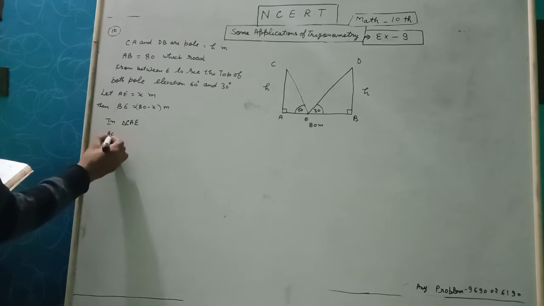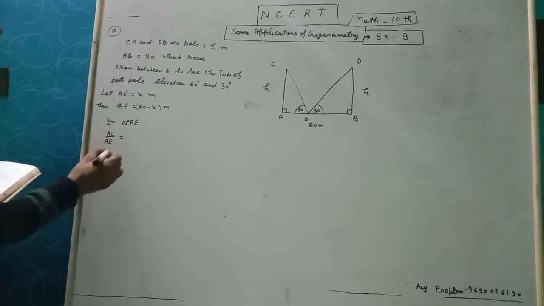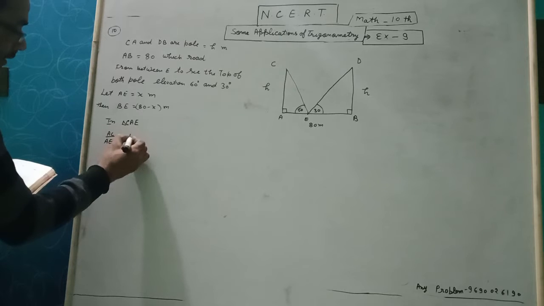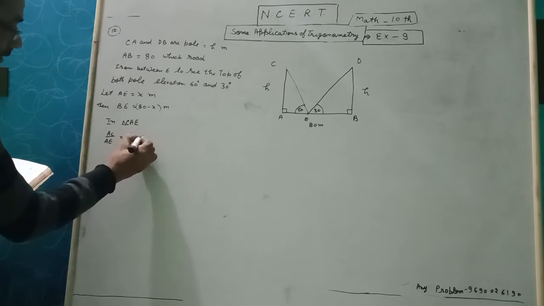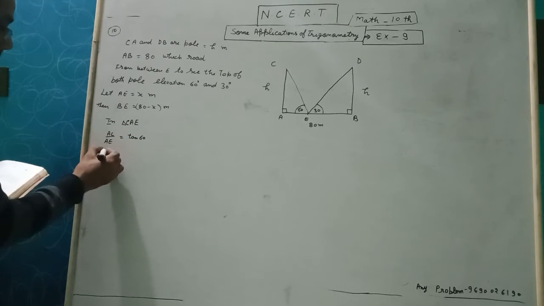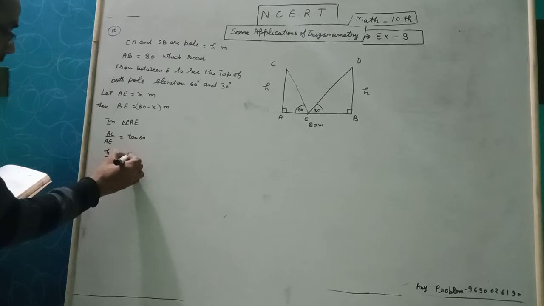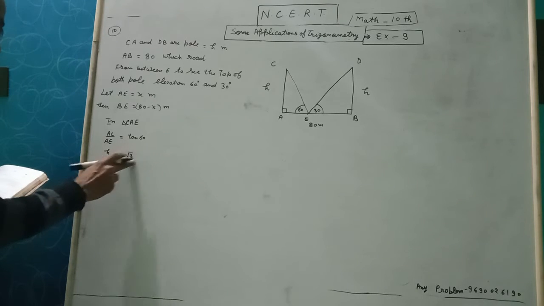AC upon AE, perpendicular upon base, is equal to tan 60. AC value h, AE value x is equal to under root 3.